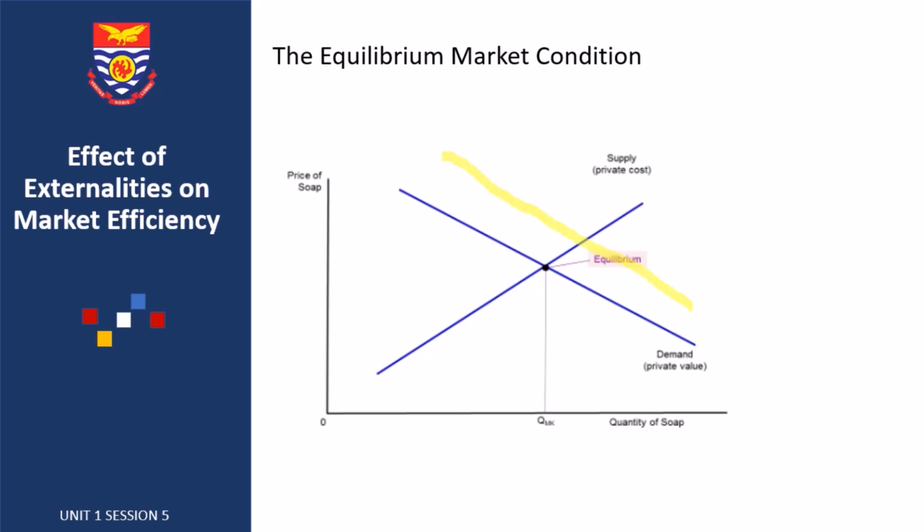That's the benefit that one derives from the use of that particular commodity should increase, causing a shift of the demand curve to the right. When such happens, the benefit to be derived from the consumption of that particular commodity has changed. That's the equilibrium point moves from its original point to this point.